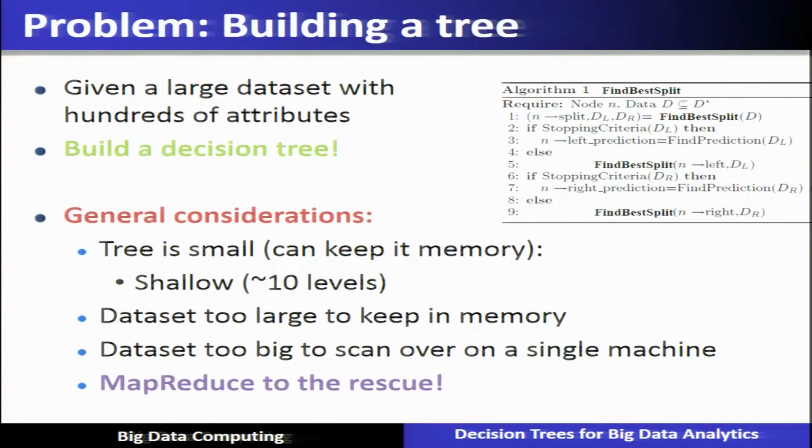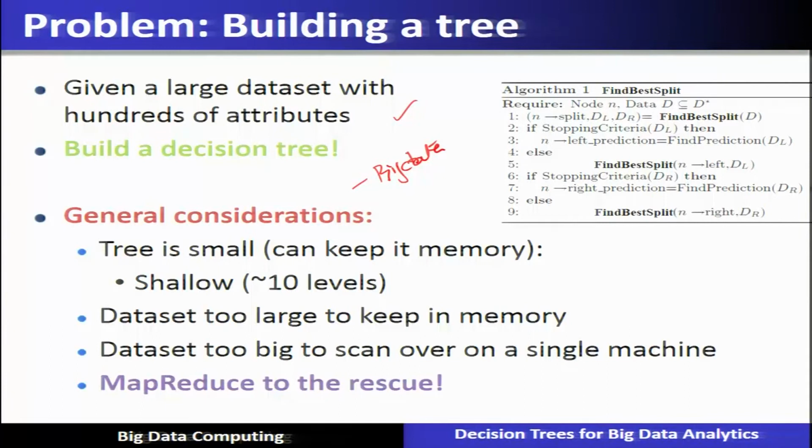Here we are given a large data set which has a lot of attributes. The size of the data set is big, and the number of attributes is also large, and we want to build a decision tree. That is what is called big data analysis.